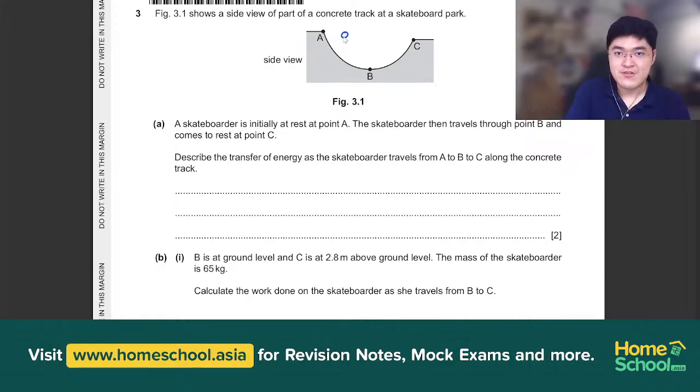So you should have probably this dude right here doing his skateboardy stuff, and he usually goes from A to B or C. A skateboarder initially is at rest at point A, and then she travels through point B and comes to rest at point C. We are to describe the transfer of energy as the skateboarder travels from A to B to C along the concrete track.